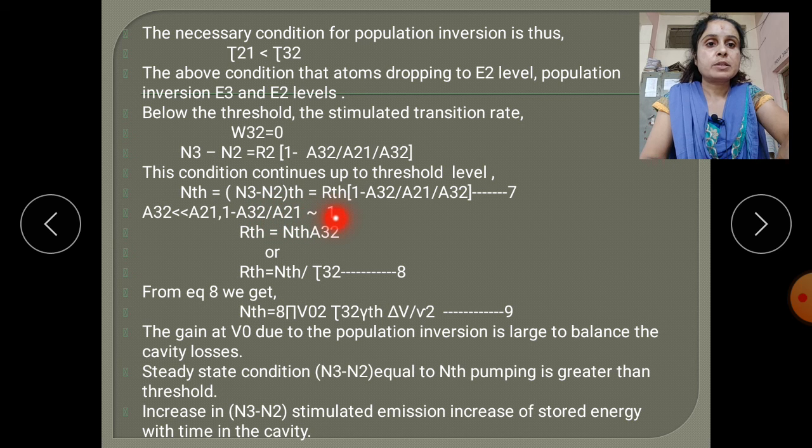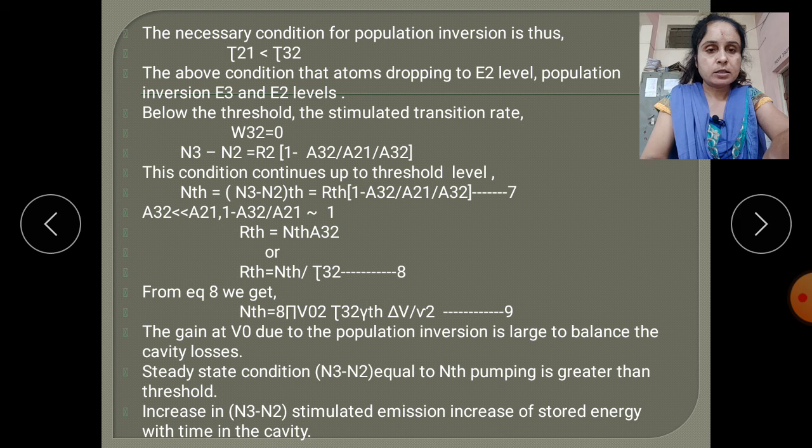So, it will be represented as RTH times (1 minus A32 upon A21) upon A32. This will be defined as equation number 7. With that expression we define the threshold level frequency of that population inversion scheme.